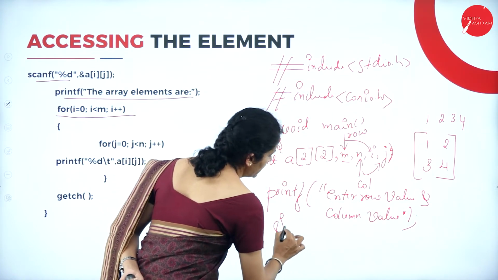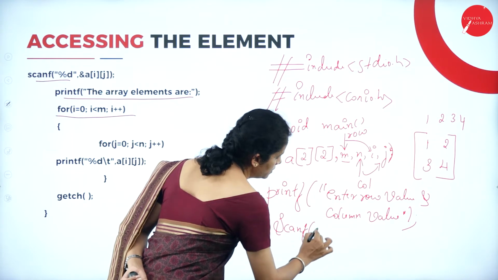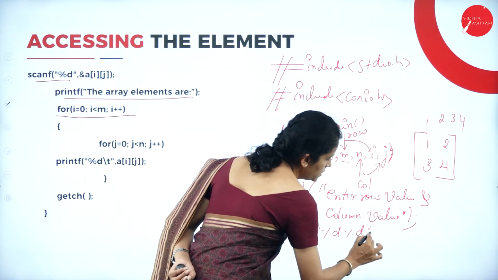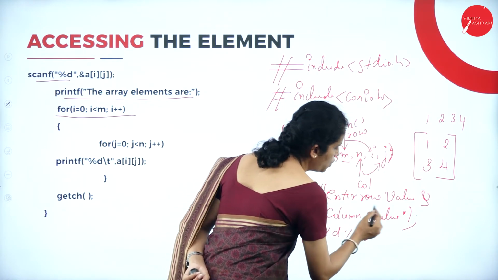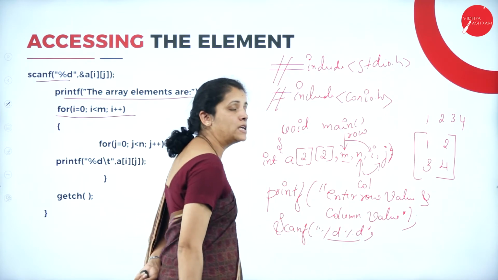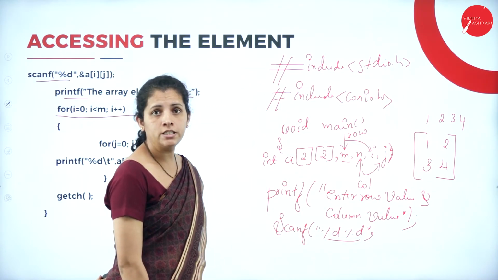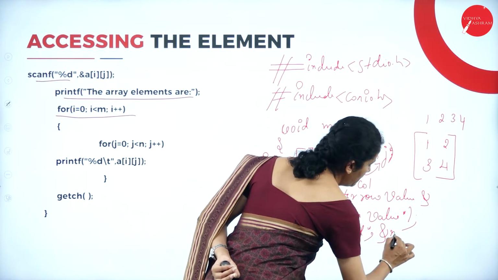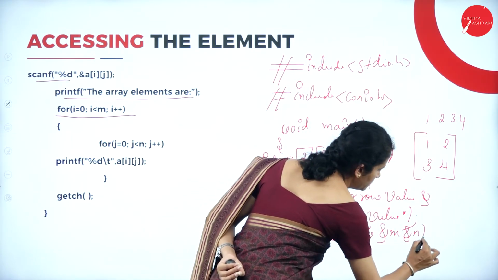And I'll write scanf %d. I'm using 2 elements, that is row and column, so I want to write format specifier %d twice. And I'll write ampersand of m and ampersand of n.